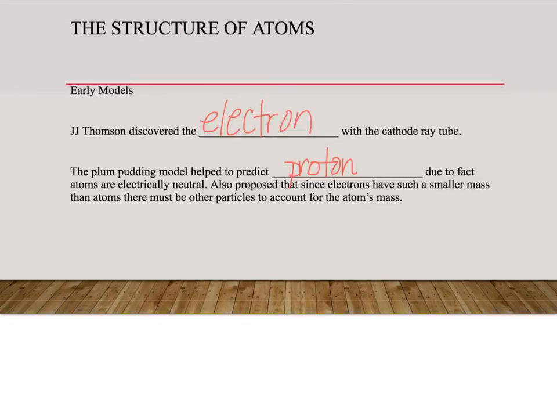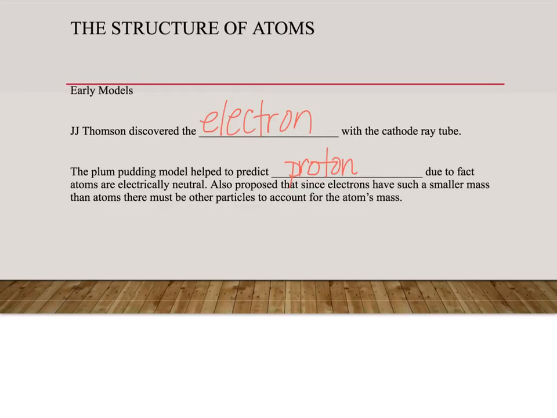So really one of the first big discoveries about the atom was by J.J. Thomson, and he discovered the electron with the cathode ray tube experiment, which you will get more into later. He also had the plum pudding model, which helped to predict the proton, and that was due to the fact that they knew that atoms were electrically neutral.